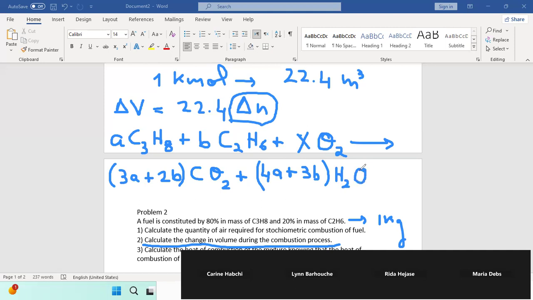Now, to determine the value of X, we said that 2X is the number of kilomole of O. If you want, you can do the analysis for O2, and you can say X kilomole of O2 will correspond to, for CO2, 3A plus 2B kilomole of O2.